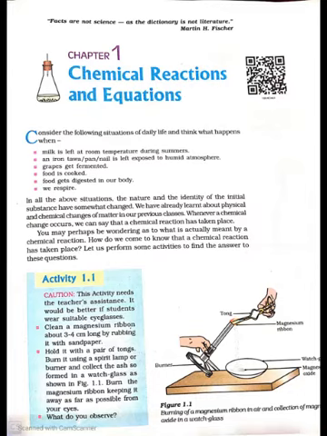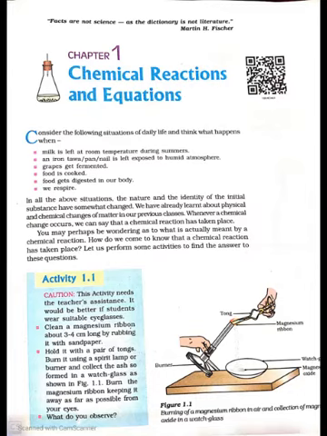Let us examine the number of atoms of different elements on both sides of the arrow in the table below. In one column, elements; second column, number of atoms in reactants; third column, number of atoms in products. For zinc, the number of atoms in reactant is 1, in product is 1. For hydrogen, reactant 2, product 2.